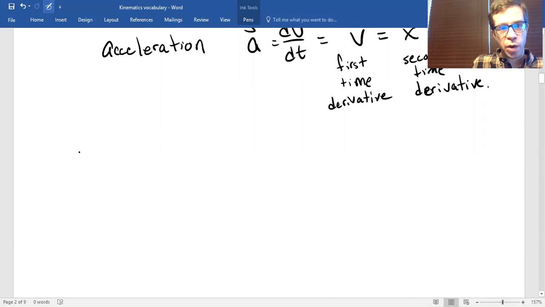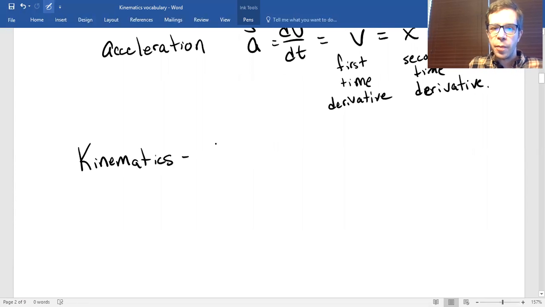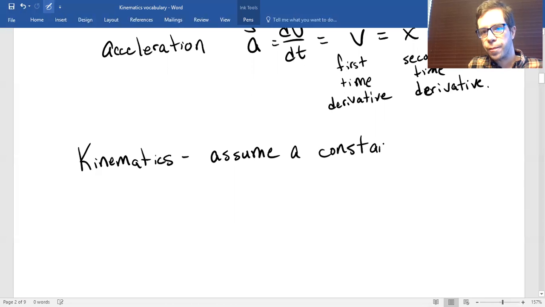All right, so this brings us back to kinematics, which is what we were working up to. Our kinematics equations assume a constant acceleration.